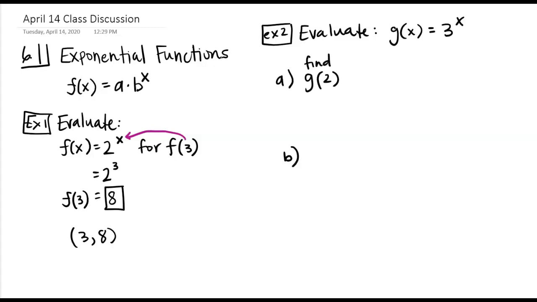Part B, I want you to find g of 0. And part C, I want you to find g of -4. Okay, so go ahead and take a minute and do that, just like we did on example 1. But now do it for these 3 different x's.